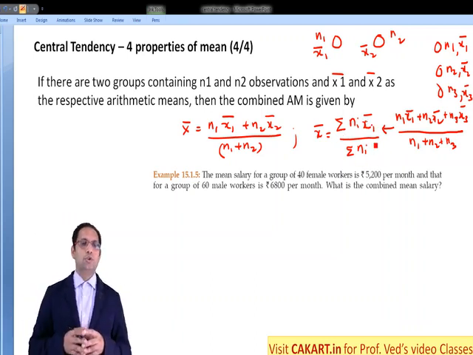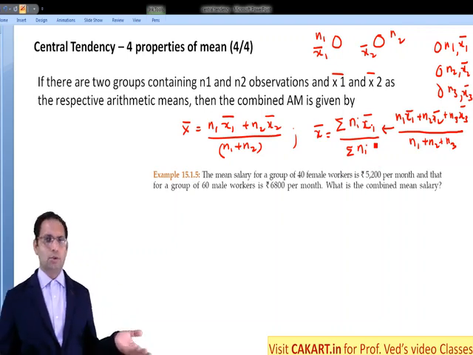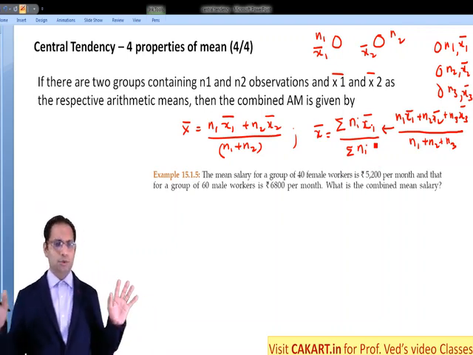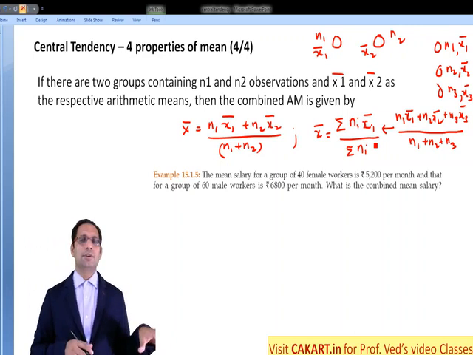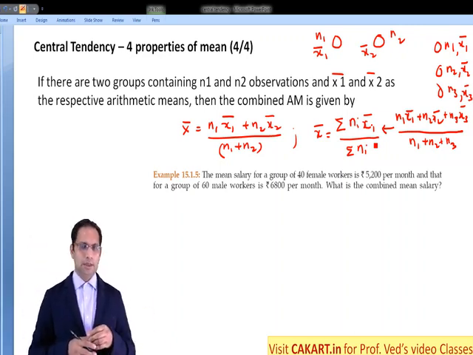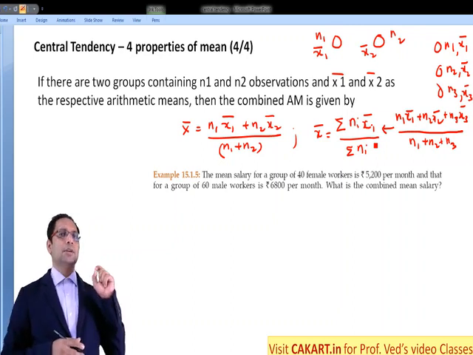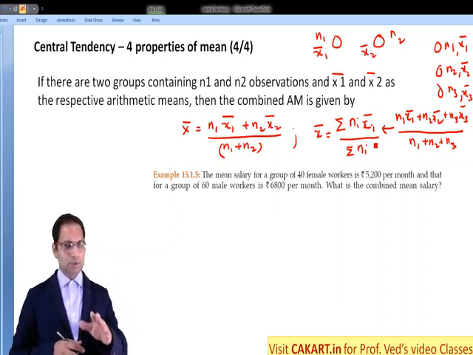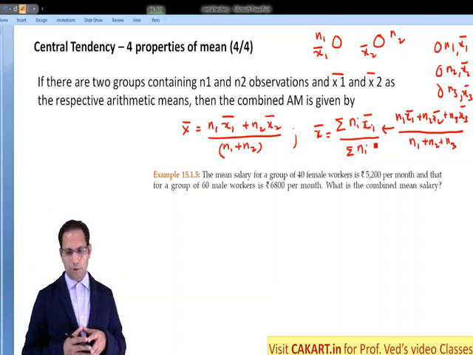That's it. So it holds for two groups, it holds for n groups, it holds for as many groups as possible. If the number of observations is given and the average value is given, no problem. And if you are asked to calculate the combined arithmetic mean, you just use this particular property.